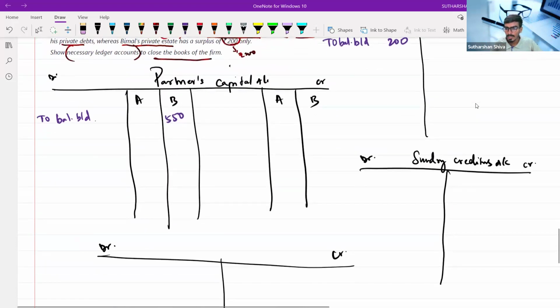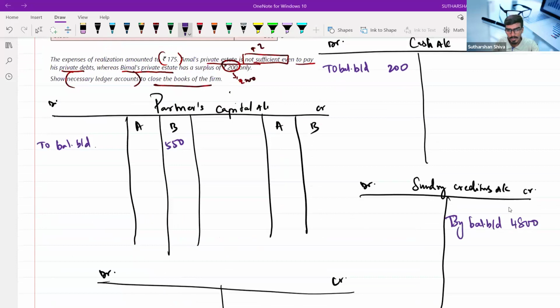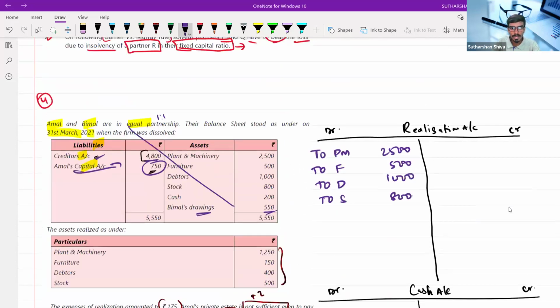We will transfer by balance brought down. What is the value over there? 4,800. Amal's capital will go to the capital account, 750. We'll write Amal 750, by balance brought down. Dismantling of the balance sheet is over.